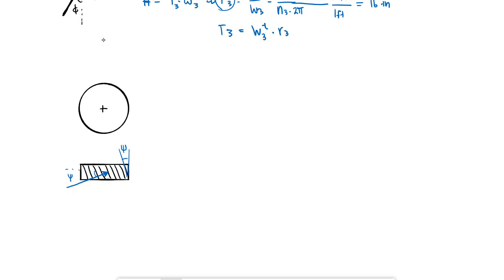Okay, so if I were to draw that in a 3D version, something like that. Okay, and I have a left hand helix.